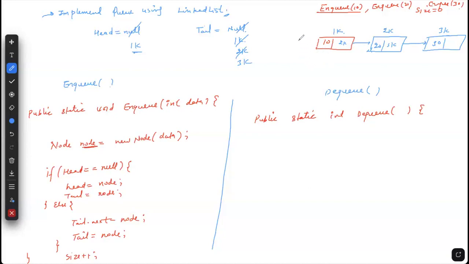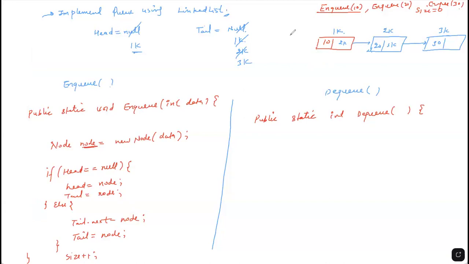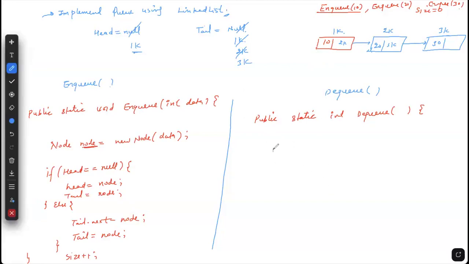So whenever you are performing the DQ operation, it is nothing but deleting the node from the beginning. We can just write, let's say, int result. Before fetching the result, first check whether the head is null or not. If the queue is empty and you are performing the DQ operation, obviously you can't.